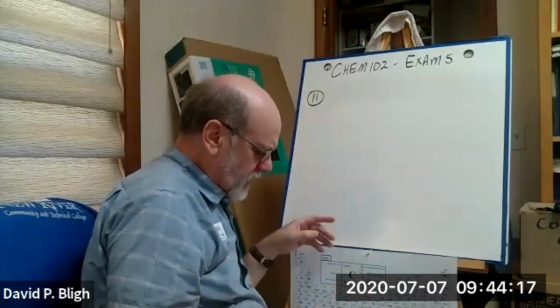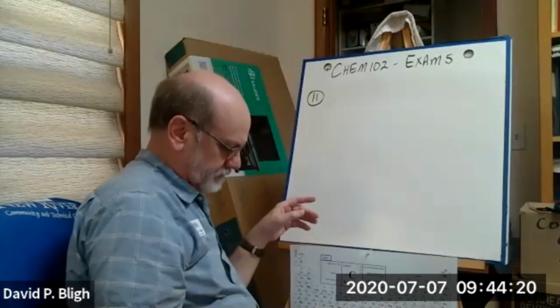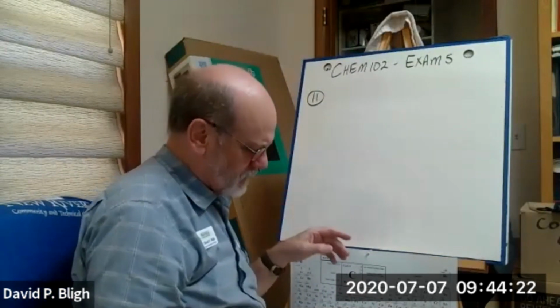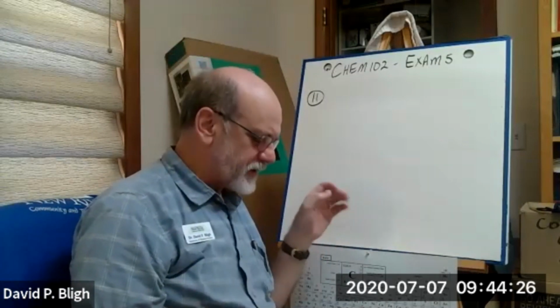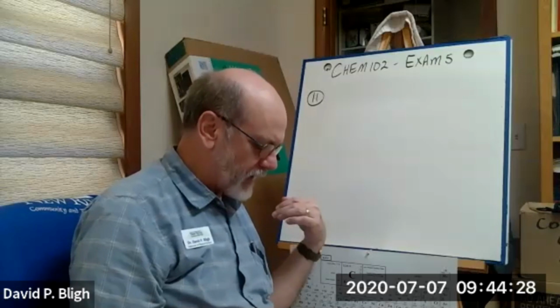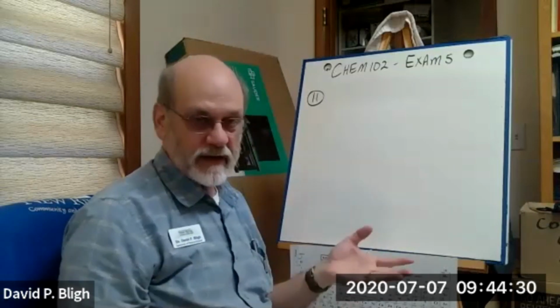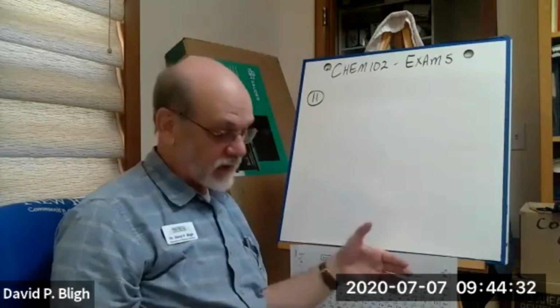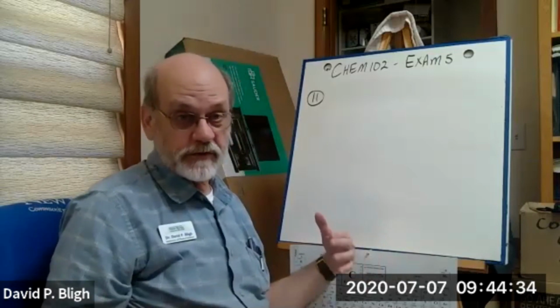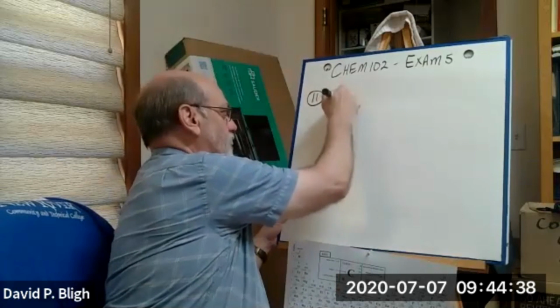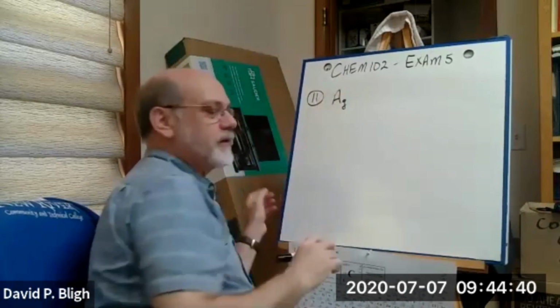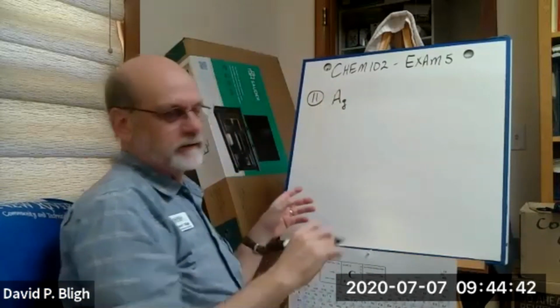So we're given the solubility of silver phosphate. Now, what if that problem had read the solubility of silver phosphate at 25 degrees is that value? What would you do then? You're not given the formula for silver phosphate. You have to figure it out, right? We know that silver is always +1.